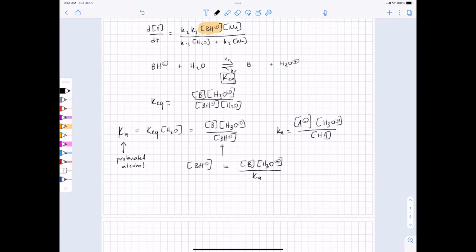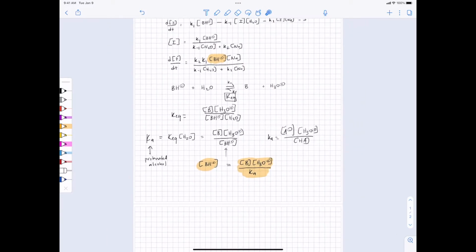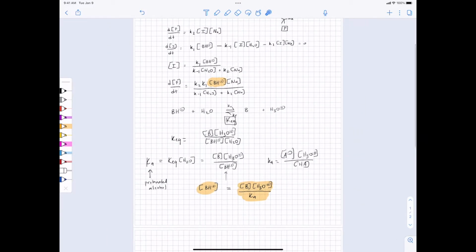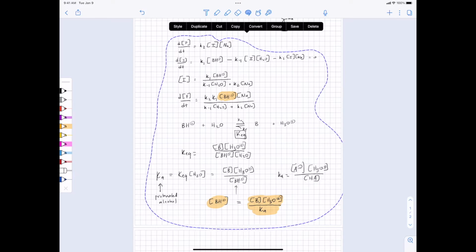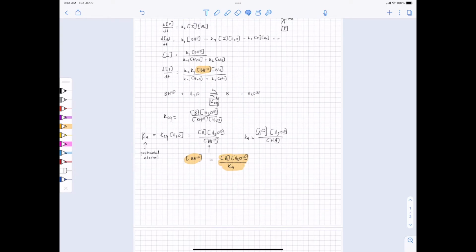So now I'm going to substitute this back up into the rate law. I want this to be all on the same page.